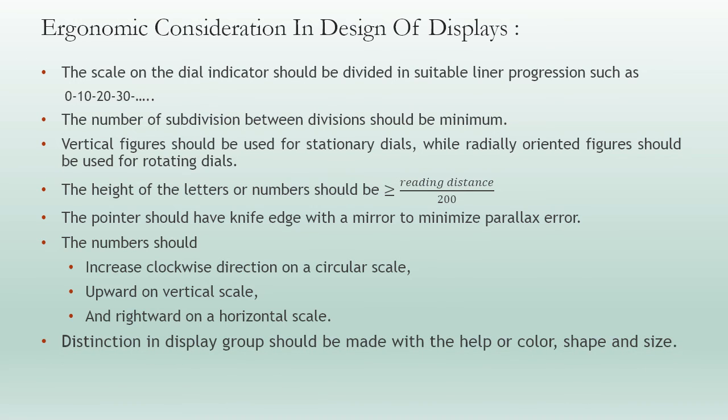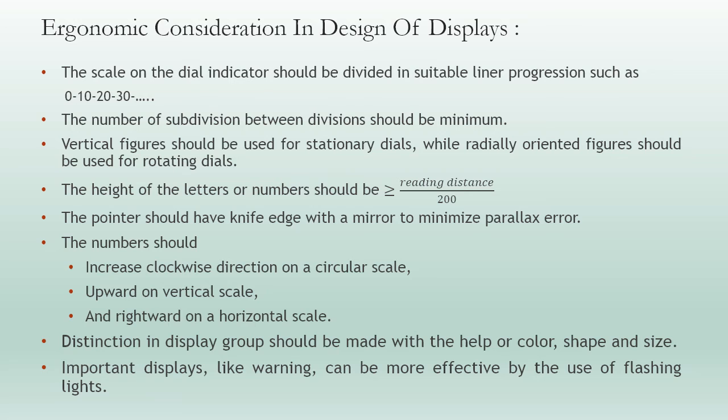Then the distinction in display groups should be made with the help of color, shape and different sizes. So these are some ergonomic considerations you have to keep in mind while designing displays. And the last one is that important displays like warnings can be more effective by the use of flashing lights.